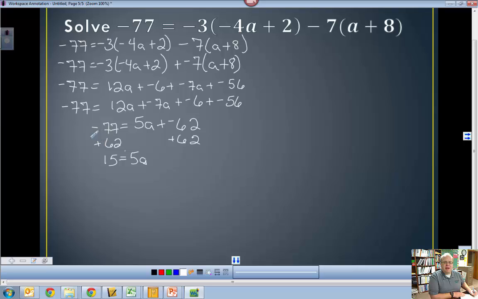Because I owed Mr. McCarter $77. However, I just got paid $62, so I still owe him $15. So now I have negative 15 equals 5a. Well, I need to divide by my coefficient. So now I have a equals a negative 3.